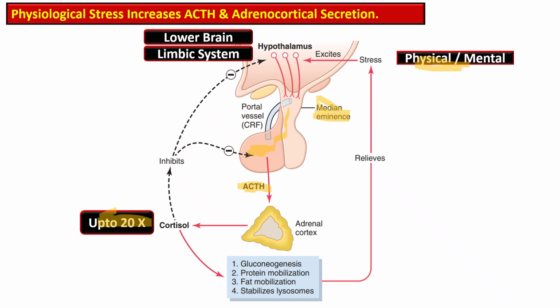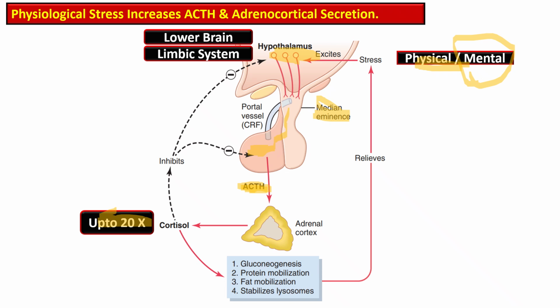And if there is mental stress, the emotional or mental stress via the limbic system, especially the amygdala and hippocampus, stimulates the posterior medial hypothalamus, and then there is increased corticotropin releasing factor and subsequently increased secretion of adrenocorticotropic hormone.